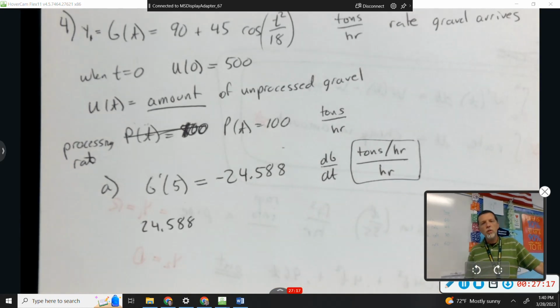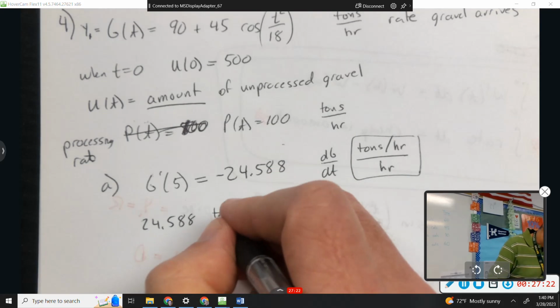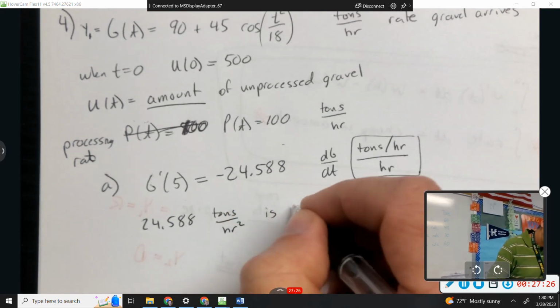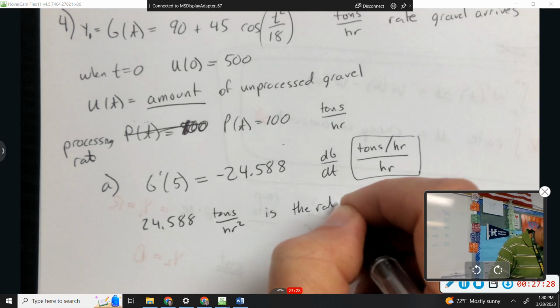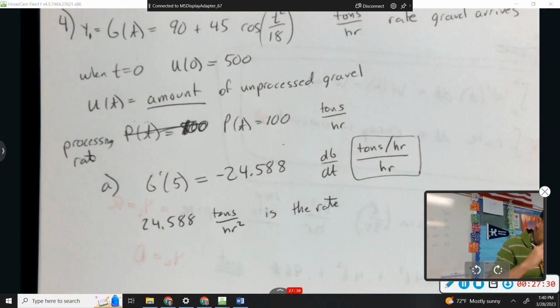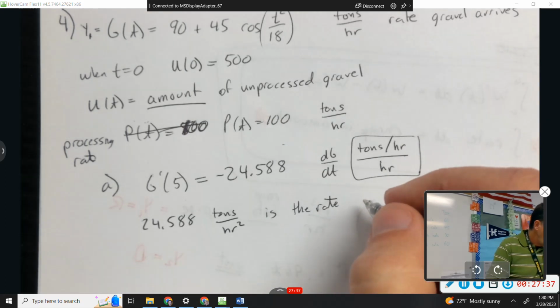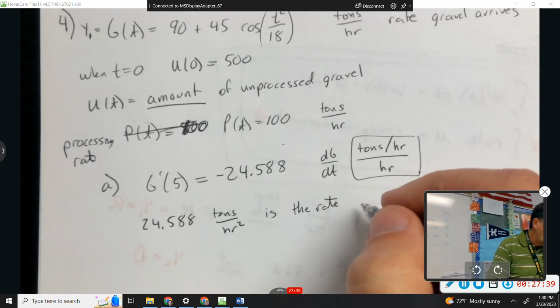So 24.588 tons per hour squared. Where'd the negative go? Well, I'm going to use the negative in my description. I'm going to say something about decreasing. So what is G? G is the rate it's arriving.